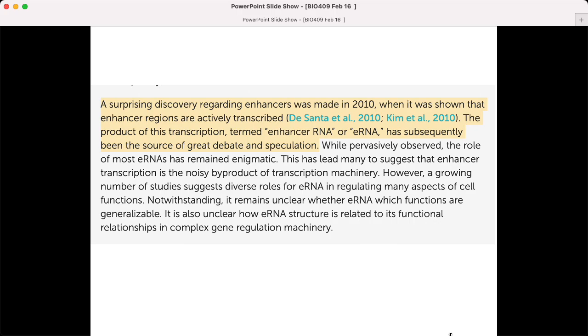It's supposed to be helping RNA polymerase here. What these scientists discovered is that way over here, in a seemingly useless situation, the enhancer and the transcription factor are getting RNA polymerases bound there and transcribing, but just transcribing junk.